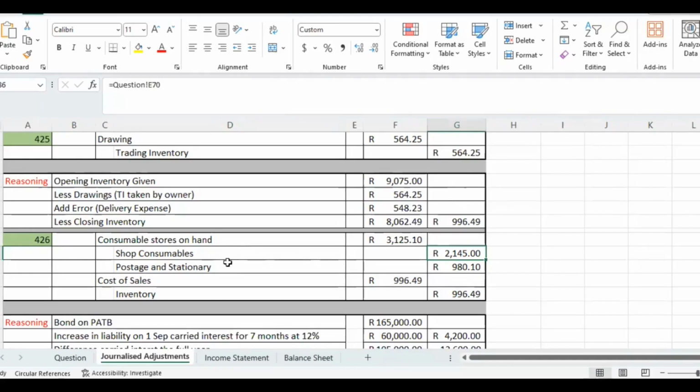Just a note here, when I did this in the previous video, somehow when I whited this out so that it could appear when I'm doing the video, I deleted it and so it didn't appear. So if you want to go back, just make sure that this amount, consumables on hand of 3125 that we got, was the sum of the shop consumables and the postage and stationery.